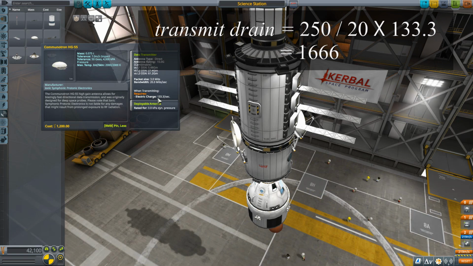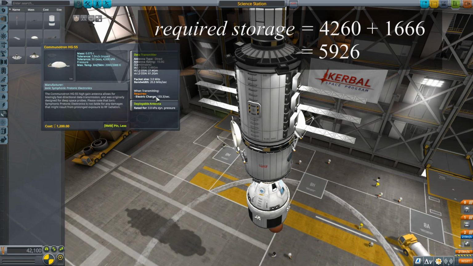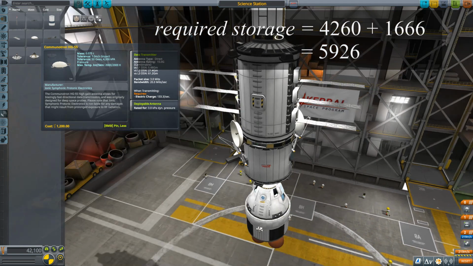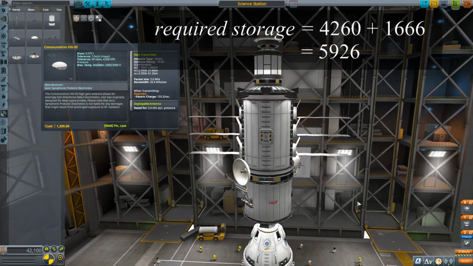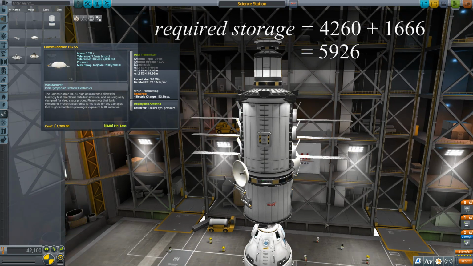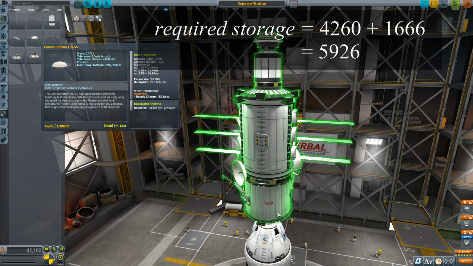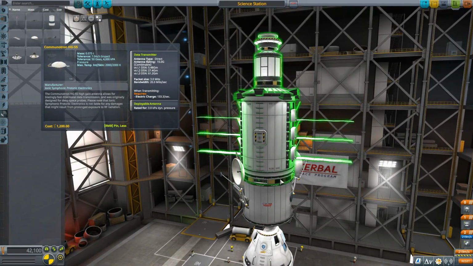And if we add that on, that comes out to 5,928 units of electric charge for electrical storage that we're going to need. Let's round that up to 6,000. So we need to have 6,000 units of electric charge on this thing in order to both survive through the night and to do our transmitting. Right now I have this big 4,000 unit battery down here. I have the 1,000 unit battery up here.